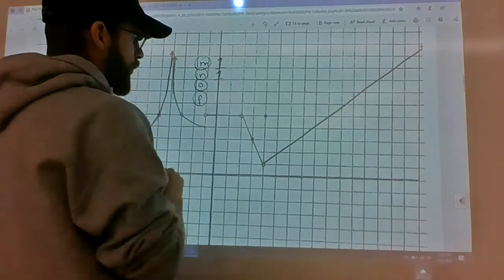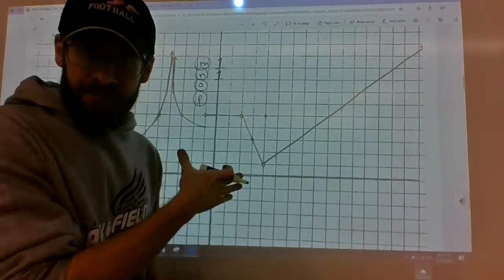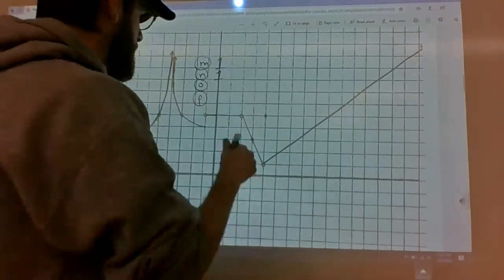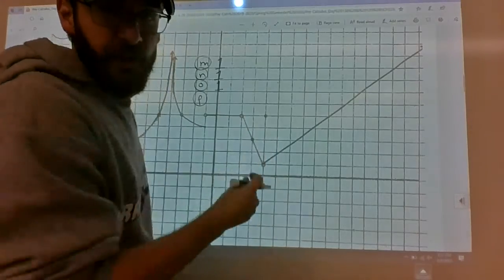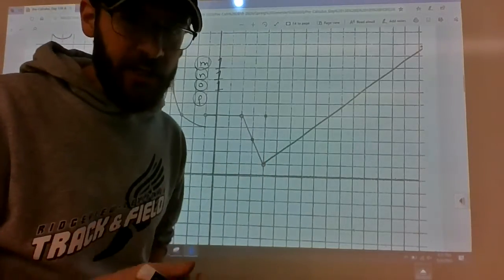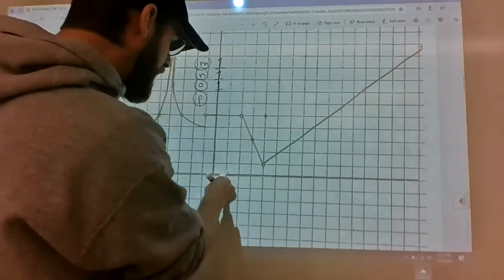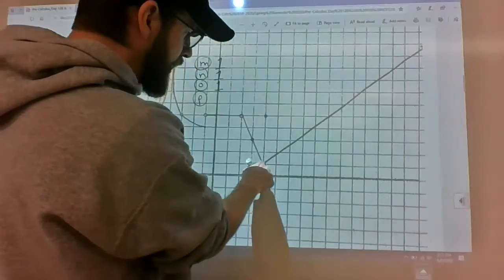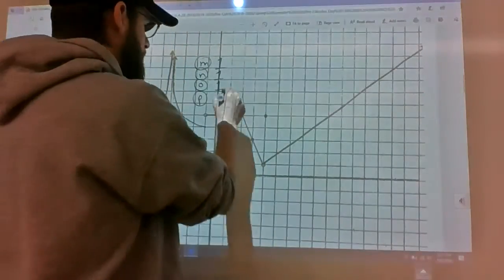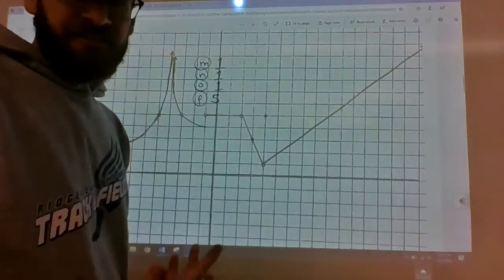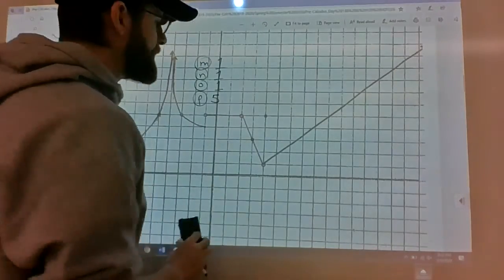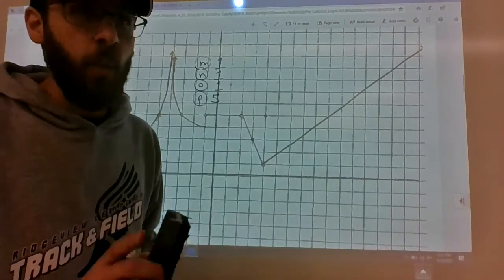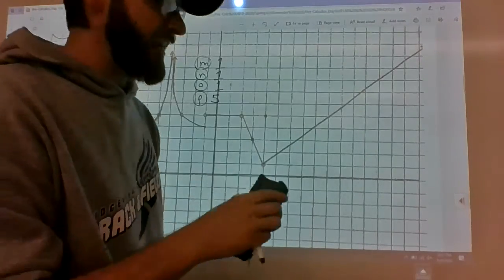So 1 here, 1 there. That means if the left matches the right, the limit is 1. But this rogue point right here is actually where the function is defined. So the function is defined at 4, 5, so the function's defined there, but the limit is 1. The function's defined at 5.